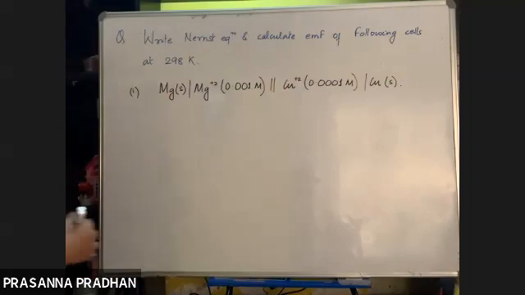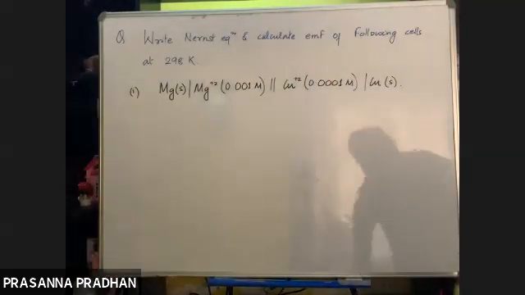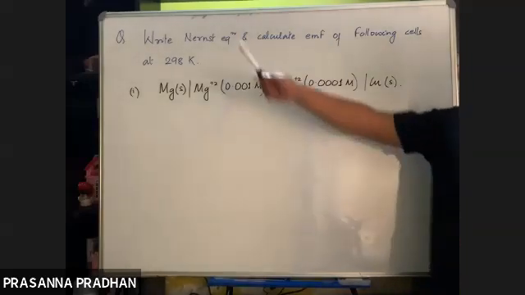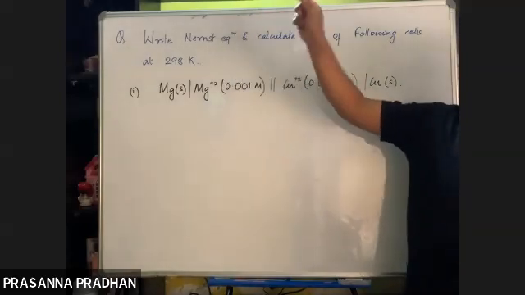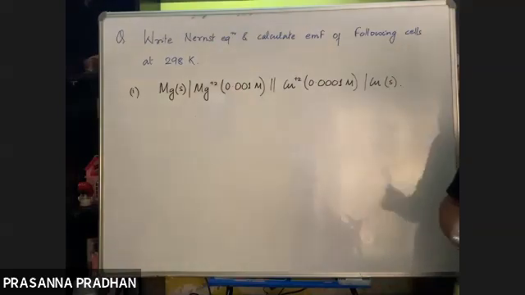So the cell notation is given. From the cell notation, first we'll write down the Nernst equation, and then we'll calculate the EMF of the cell.